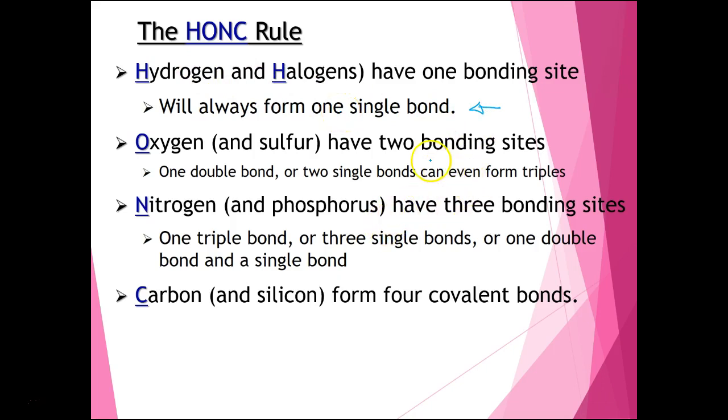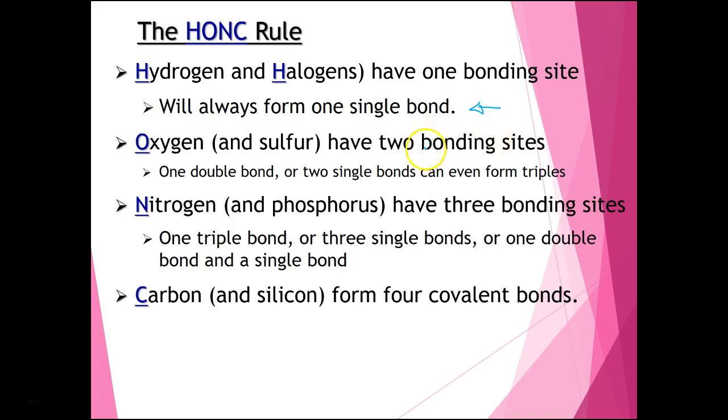Let me back that train up. Because there's only one bonding site, the hydrogen and halogens can only form single bonds. They will never form anything else. So if you have to form a double bond with hydrogen or a halogen, that can't happen. It will never happen.